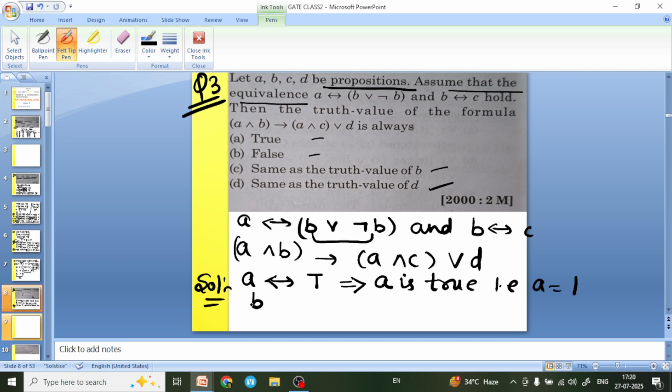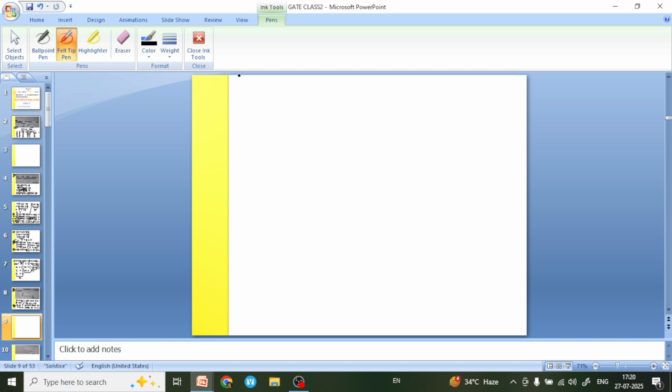And B bidirectional C holds, so B is equal to C. Now next I am going to discuss how to prove it: A and B implies A and C or D.